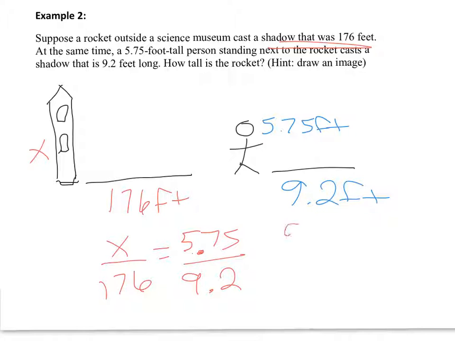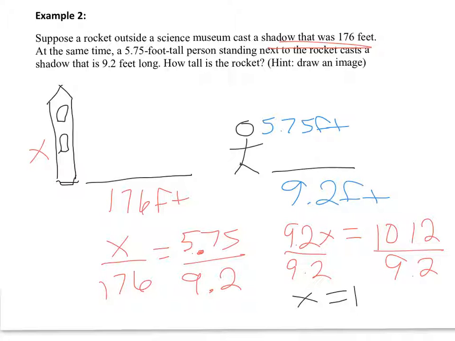So we would have 9.2x equals 1,112. Then of course we divide each side by 9.2, and we end up with the height of the rocket ship being 110 feet. And that would be the height of the rocket.